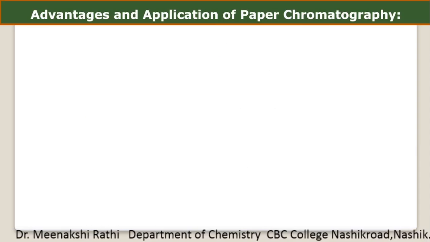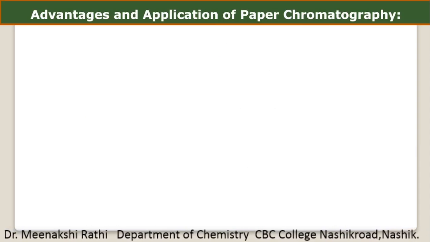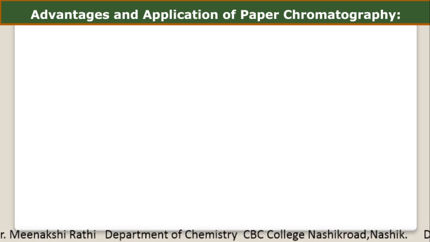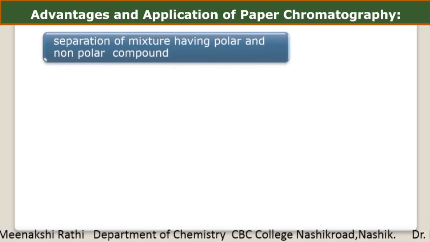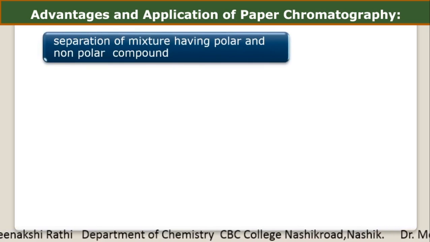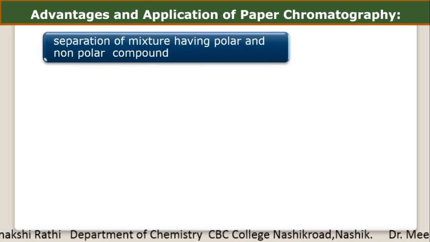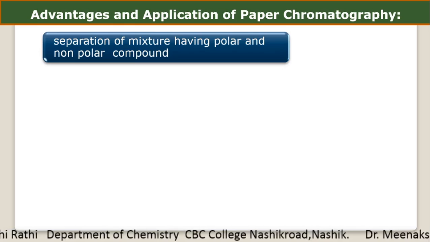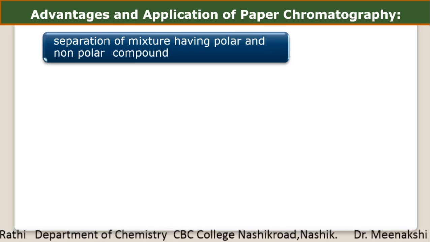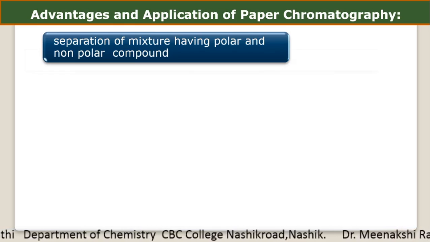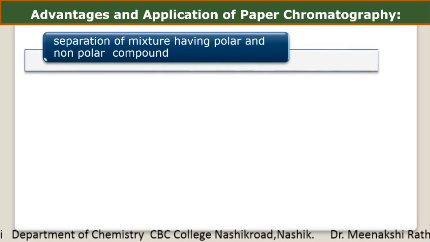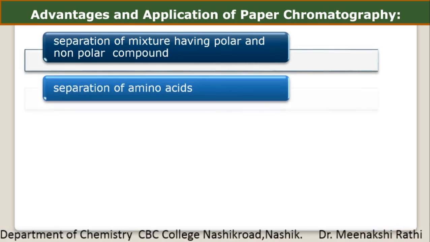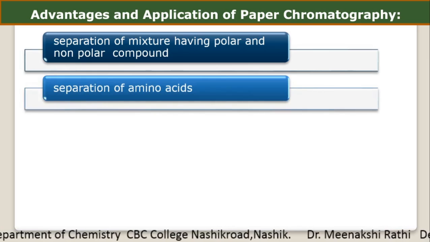Now, what are the advantages and applications of paper chromatography? It is specifically used for the separation of mixtures having polar and non-polar compounds. If the mixture has some polar and non-polar compounds, then this technique is used. It is used for the separation of amino acids from each other.